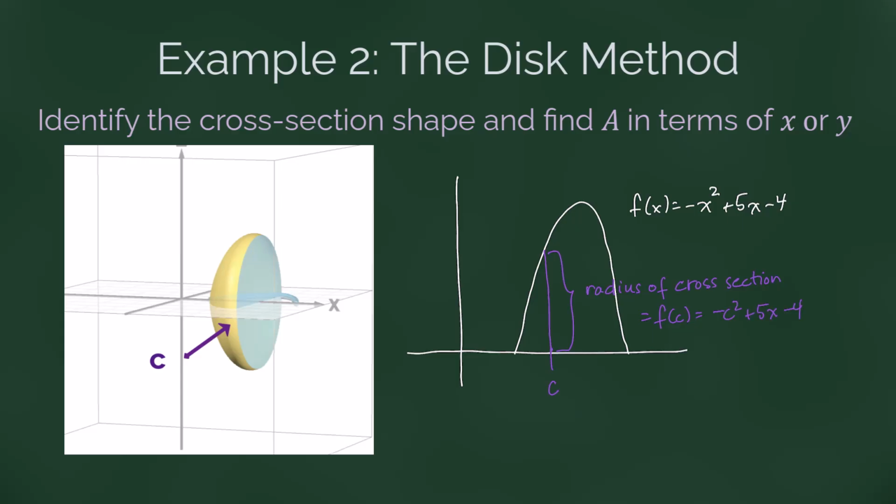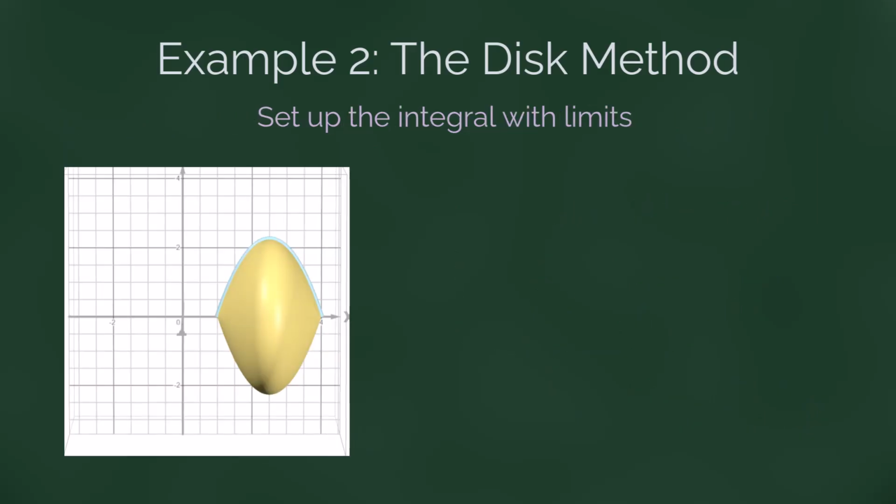This gives us a formula for the area of any cross-section. We can see that for every disk that we create, the area of it is going to be pi times negative c squared plus 5c minus 4, squared, using the formula for the area of a circle. Now that we know our area function, we can begin to set up our integral.